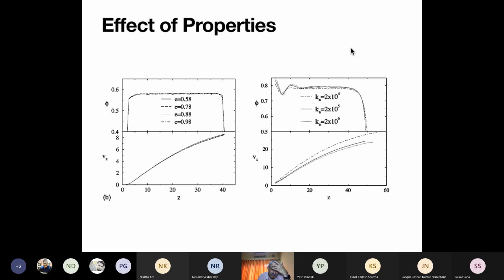So the fluctuation velocities are quite small. Here they also show the effect of coefficient of restitution, and you see it has almost no effect on the profiles. And then this is on the stiffness of the particles going from 4 to 6. Again, there's very little effect of stiffness.